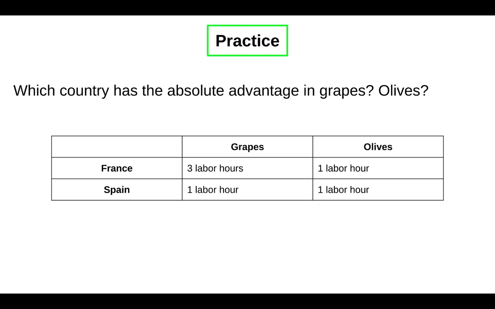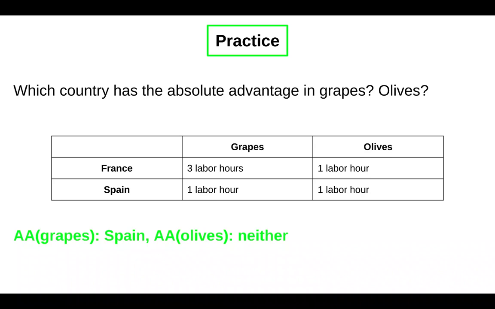So the correct answer here is Spain has the absolute advantage in grapes, and neither country has the absolute advantage in olives. The reason it's Spain for grapes is because they take less time to make grapes than France does. So with an input problem, you see why it matters whether it's an output or an input problem.